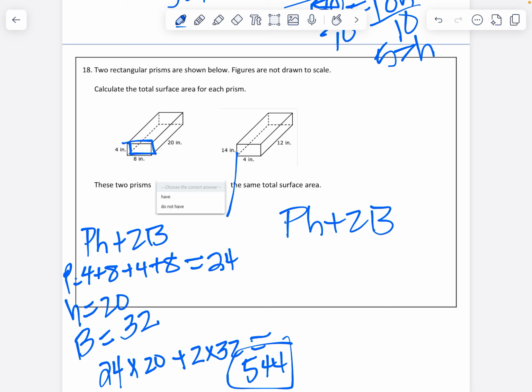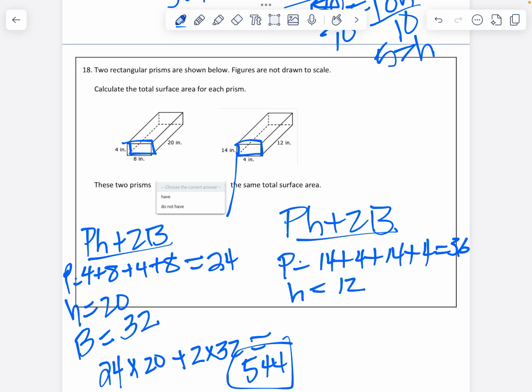This is the first one. Second one, we're going to look. Here is its base. So its perimeter is 14 plus 4 plus 14 plus 4. That'd be 36. The height is 12. And my big B for this one would be 14 times 4, which is 56.